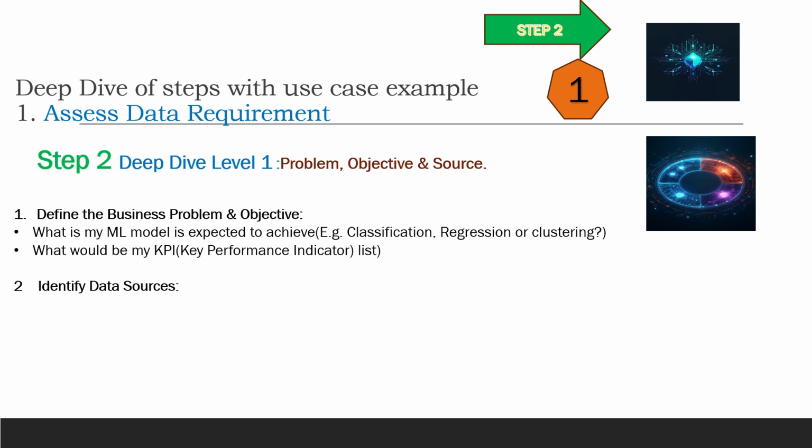You need to have an initial identification of the data sources, which you will dig into later. Ideally, identify your sources and what kind of data is currently available. It's not only about what you require, it's also about whether you have it.